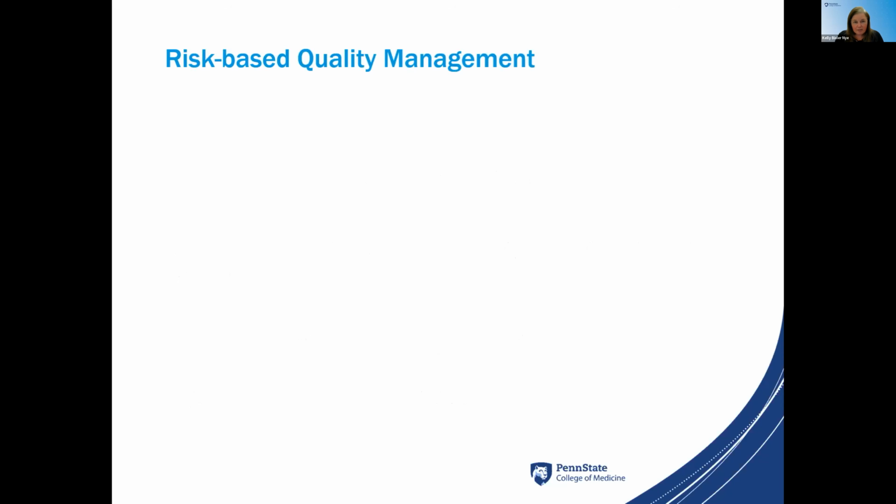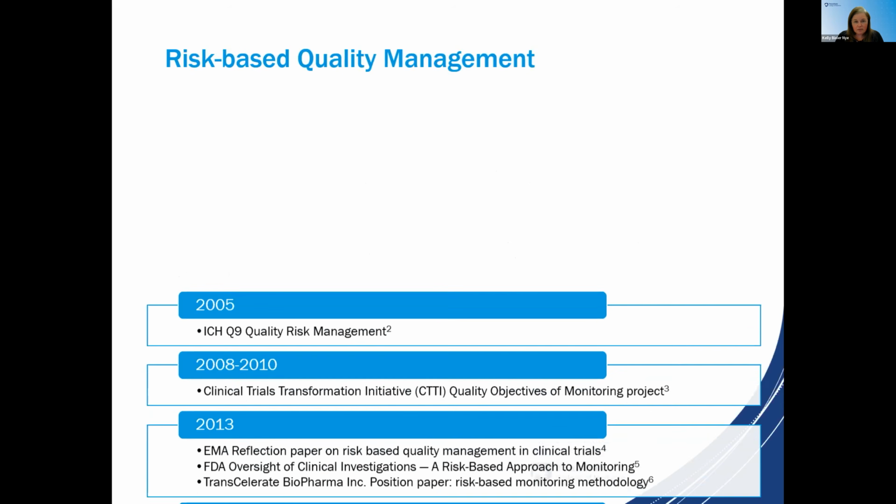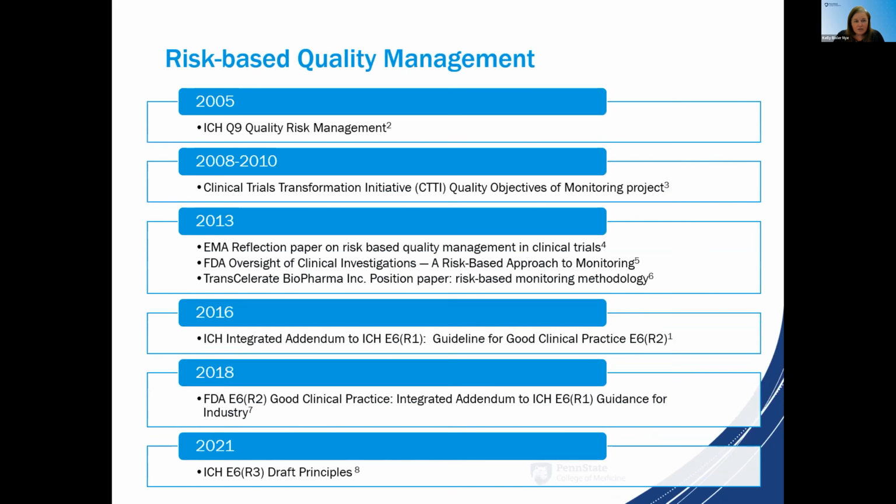Risk-based quality management is not new to clinical research. In 2005, the ICH produced Quality Guideline 9 for quality risk management, and this provided an overview of a typical quality risk management process. This was followed in 2008 to 2010 by the Clinical Trials Transformation Initiative's quality objectives of monitoring project.